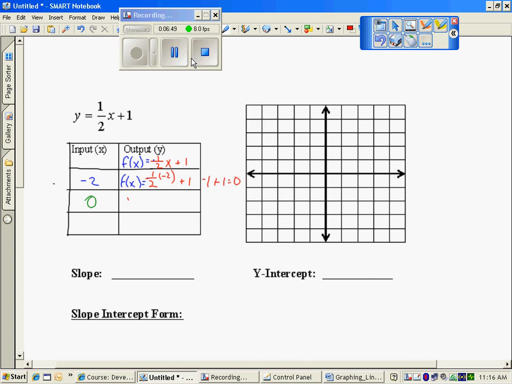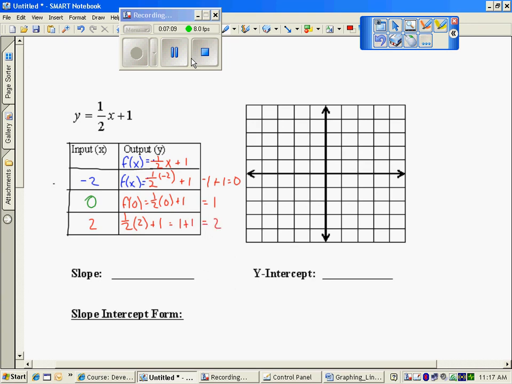Applying 0 as my input, taking 1/2 times 0 and adding 1 gives me an output of 1. And the last one we'll try is a positive number. Let's try 2. 1/2 times the input of 2 and add 1. 2 divided by 2 is 1. 1 plus 1 is 2.